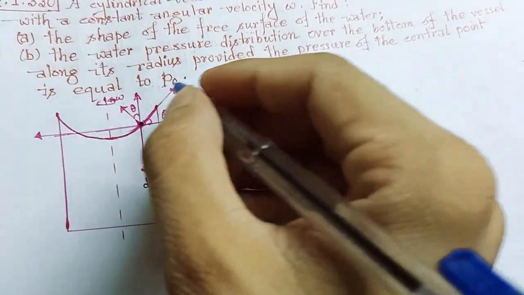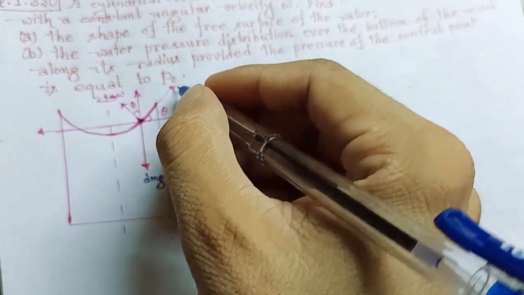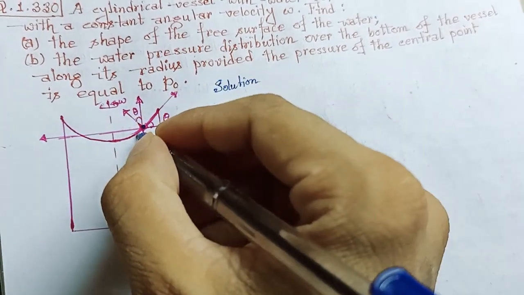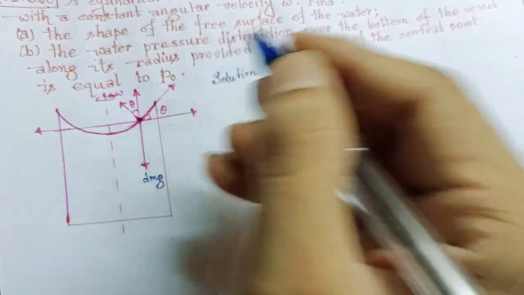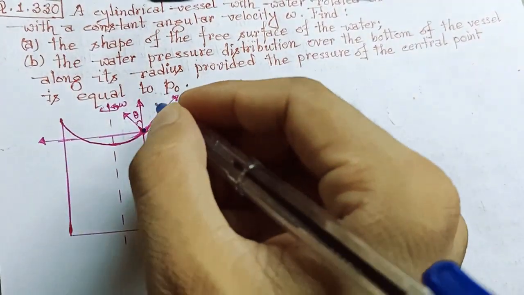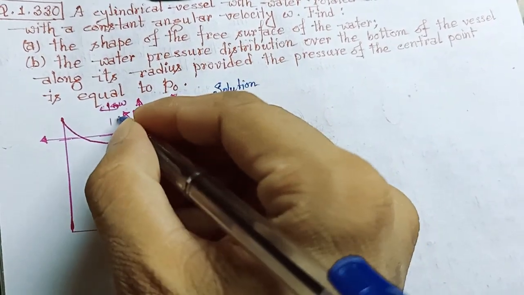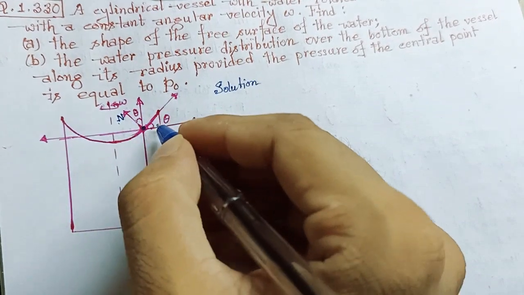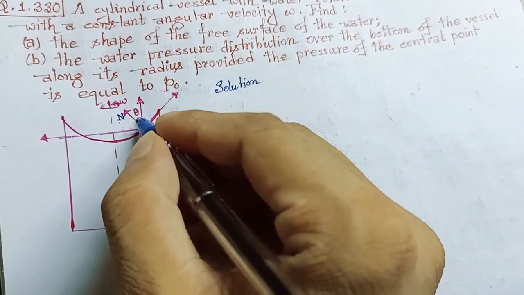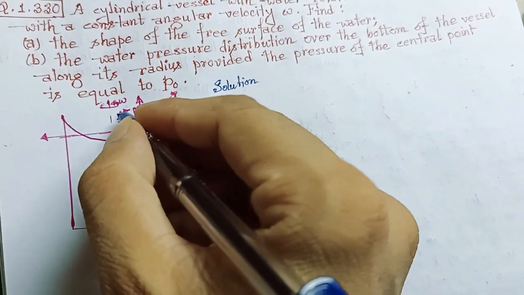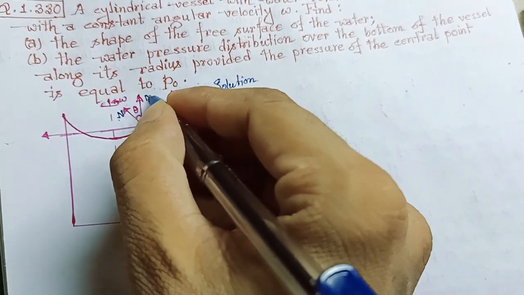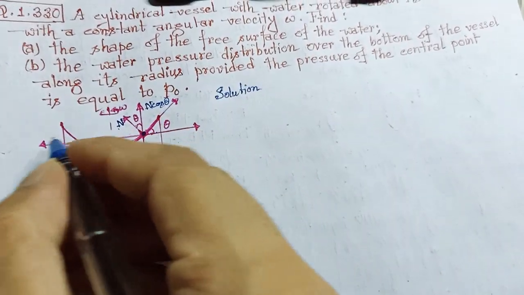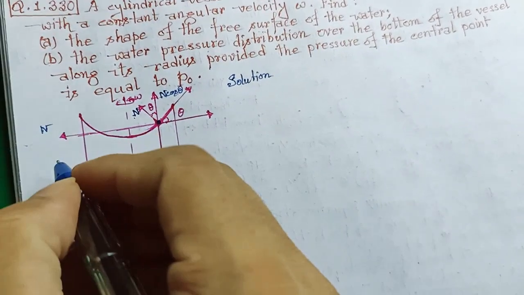Now this is the normal reaction, and let the angle of contact be theta. So this will be the direction of normal reaction N. If this angle is theta, then this angle will again be theta. If you divide this N into two components, we get N cos theta and another component N sin theta.